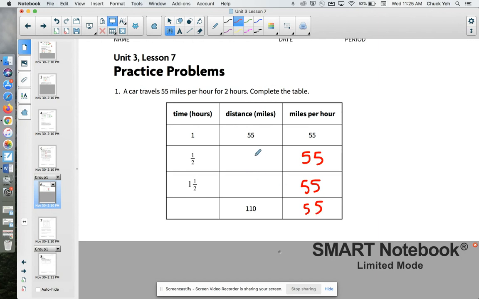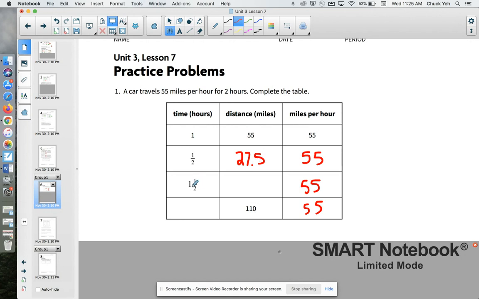So what would be the distance? If in 1 hour you can travel 55, what's half of 55? Find out what 55 divided by 2 is, and that is 27.5. So in 1 hour it could go 55 miles, and in half an hour it can go 27.5.